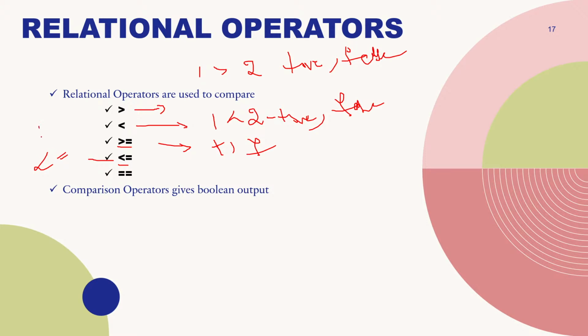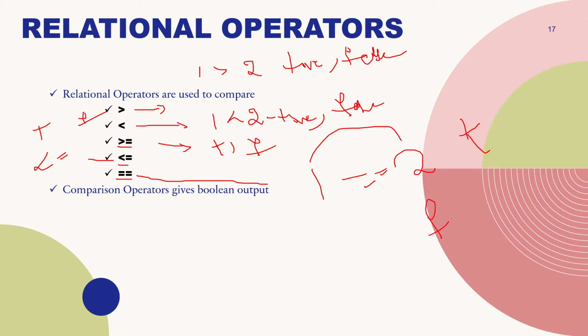It will give true. Otherwise, it will give false. Double equal to means it will compare both operands. If first operand is equal to second operand or not. If both the operands are equal, it will give true. Otherwise, it will give false.